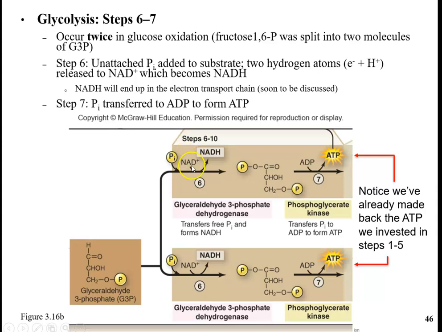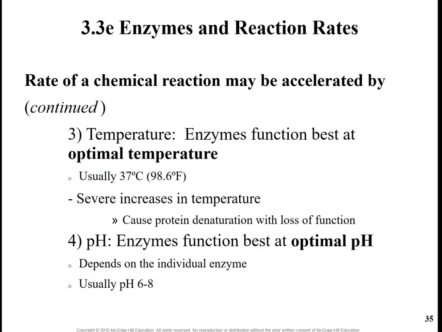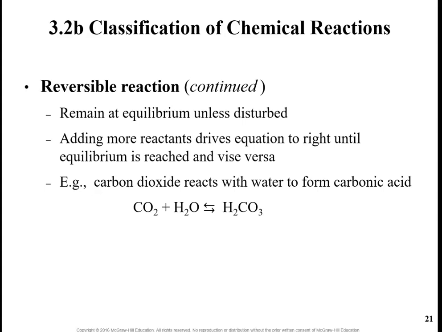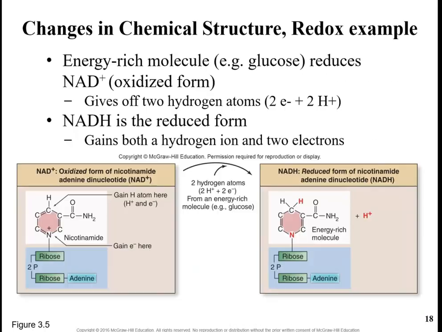So here's NAD+. It gains those electrons and 1 hydrogen ion. And remember that other hydrogen ion is given off to the local environment from this reaction here.